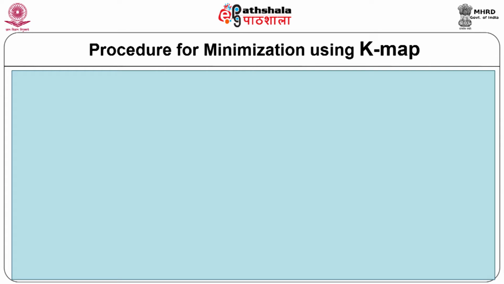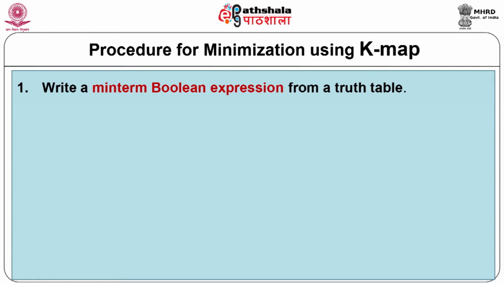Let us now understand the procedure for minimization using K maps. Let us write a minterm Boolean expression from a truth table. Each 1 in the output column of the truth table produces an AND term, and these ANDed terms are ORed to form the sum of products or minterms.